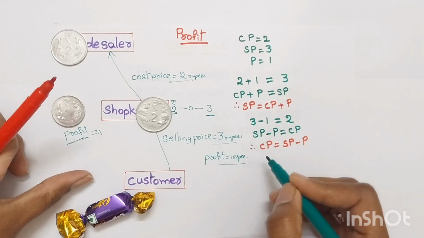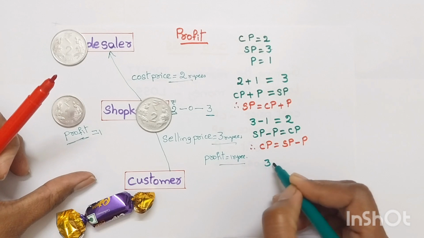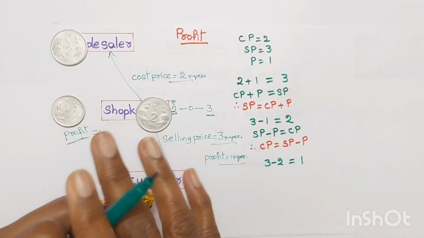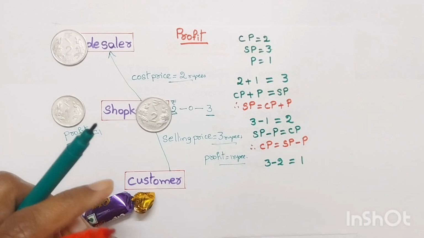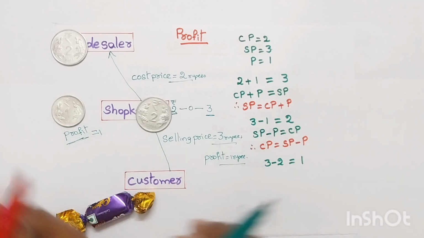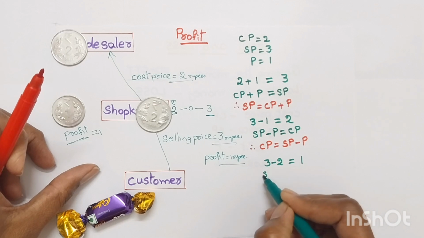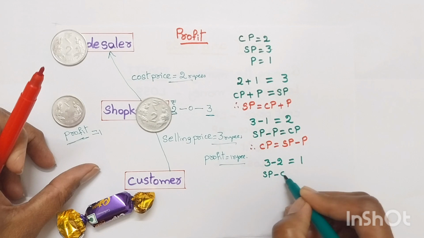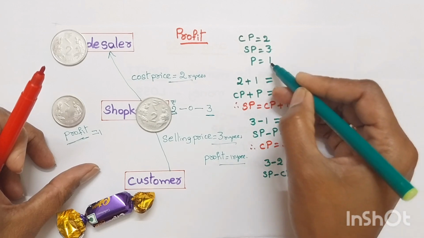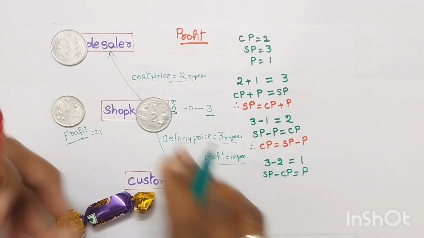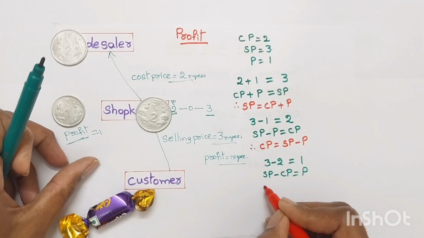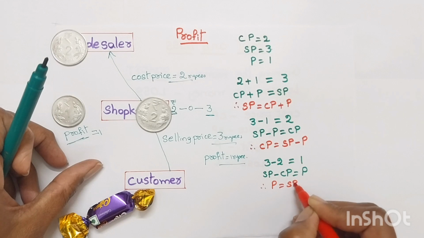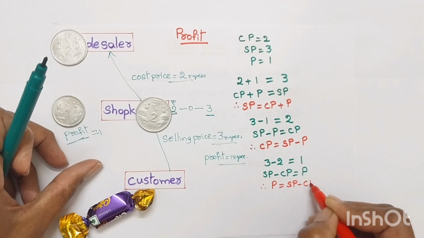Now I do one more calculation. 3 minus 2, how much? 1. From this we get one more formula. 3 is SP, 2 is CP, and 1 is P. If we rewrite the equation, P equals SP minus CP.